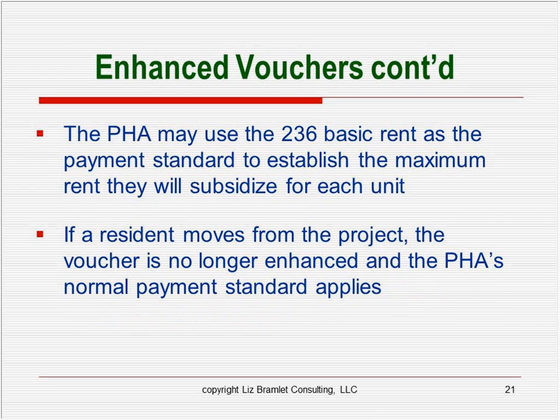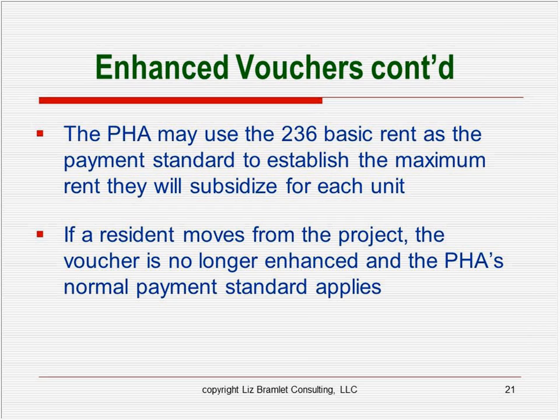The Public Housing Authority may use the 236 basic rent as a payment standard they use to establish the maximum rent they will subsidize for the unit, and they can do that even if that 236 basic rent is higher than the normal payment standard they would use for that unit size.